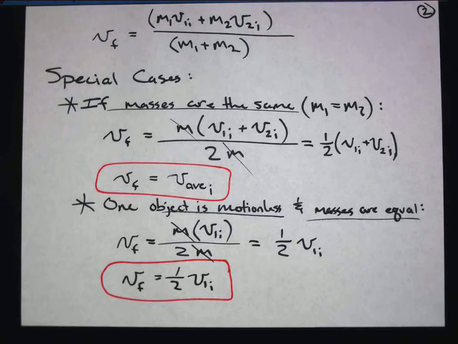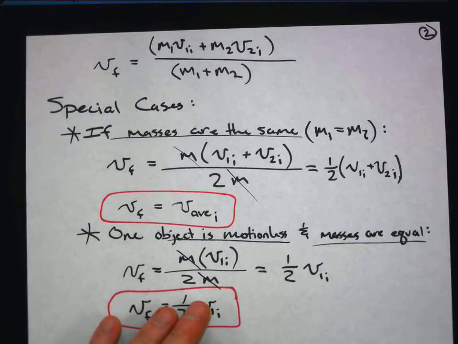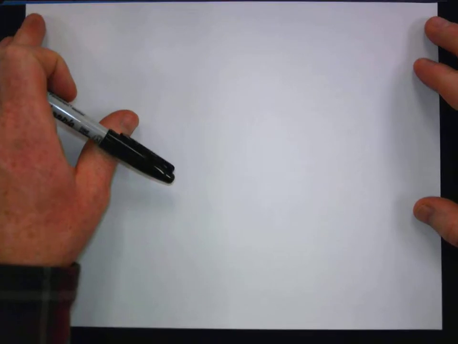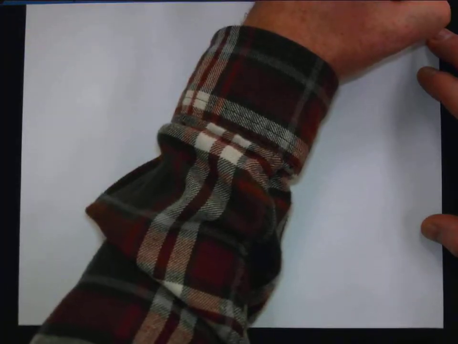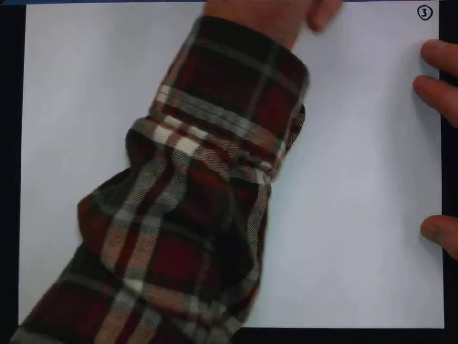And we're also going to look at the kinetic energy of the system in this example problem. And by looking at the kinetic energy before and after the collision, we will demonstrate that kinetic energy is not conserved. So here we go in this example.